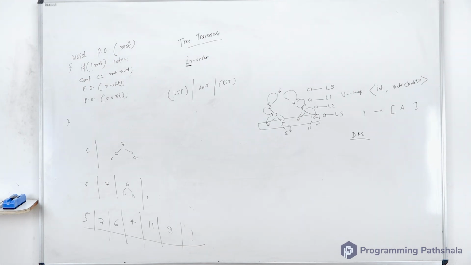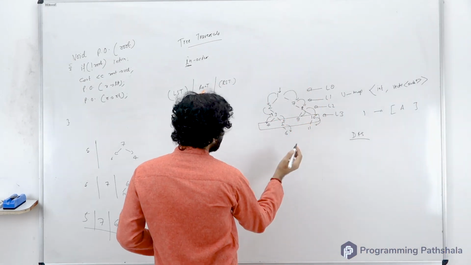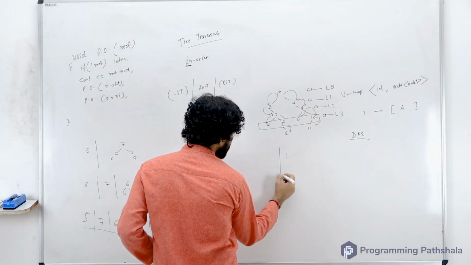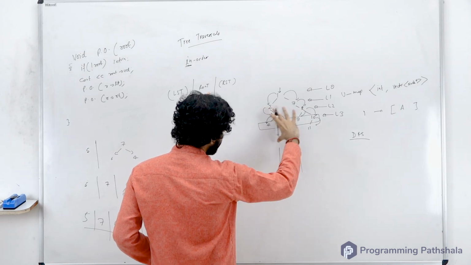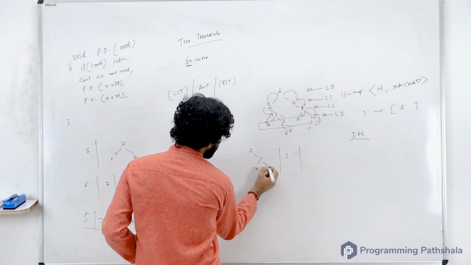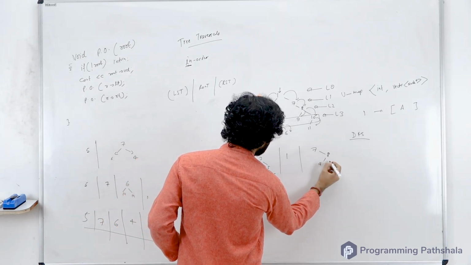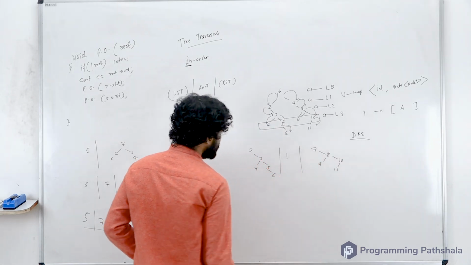It's very, very important to understand that 2 has to be there first. Because if you called for this entire tree, this 1 will be printed in between the left subtree and the right subtree. Let me draw the left subtree, it is this, and let me draw the right subtree, it is this.